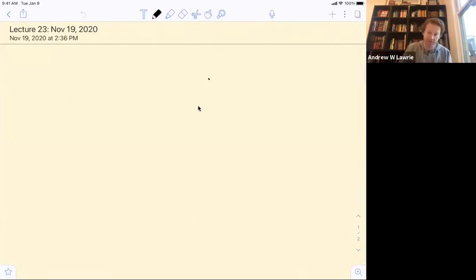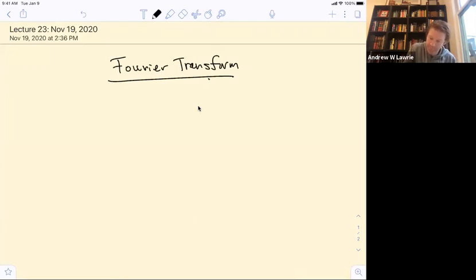Okay, so the next topic I want to discuss is the Fourier transform. To start, I want to make some analogy with Fourier series.